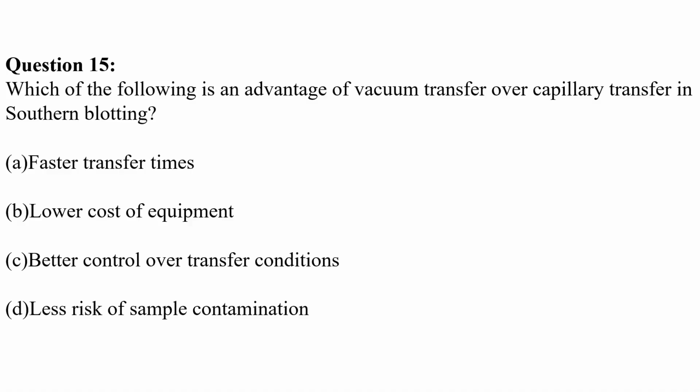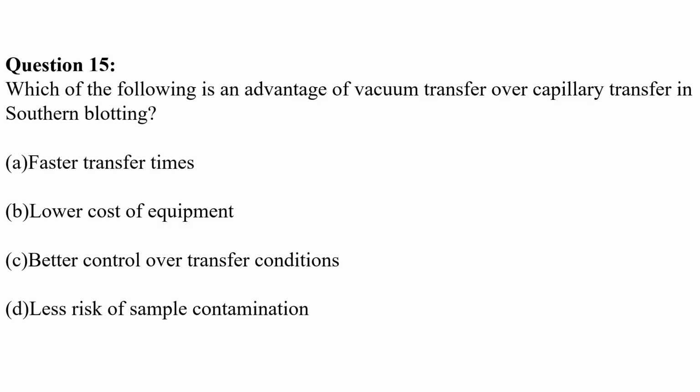Question number 15. Which of the following is an advantage of vacuum transfer over capillary transfer in southern blotting? Option A, faster transfer times. Option B, lower cost of equipment.